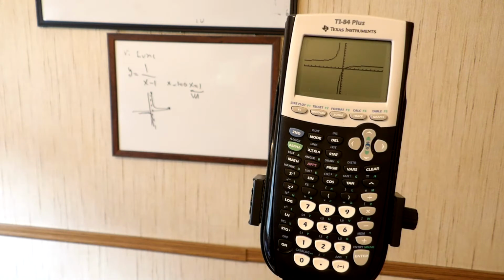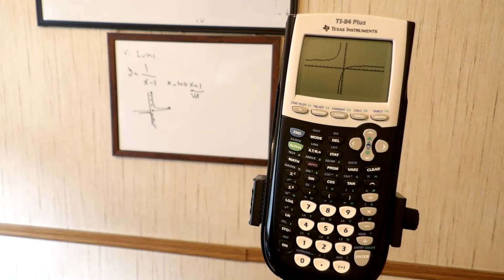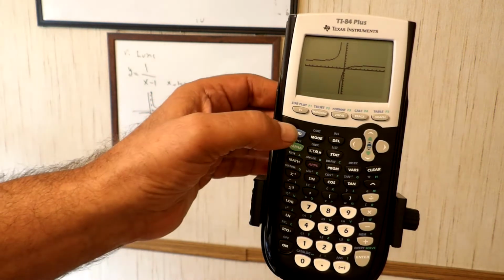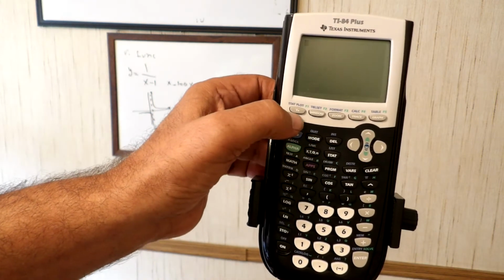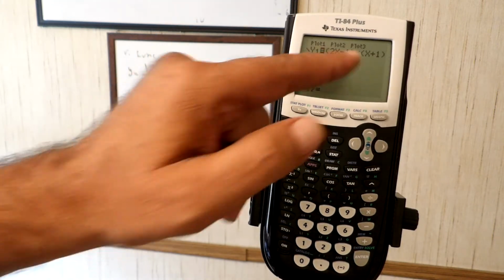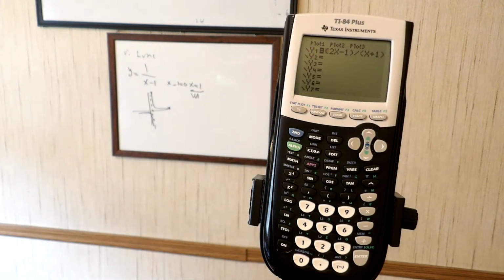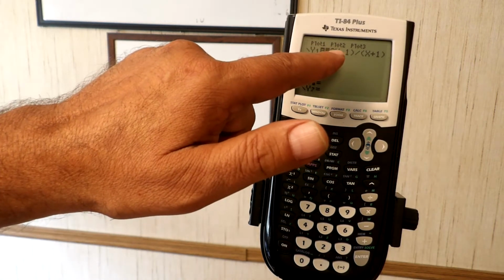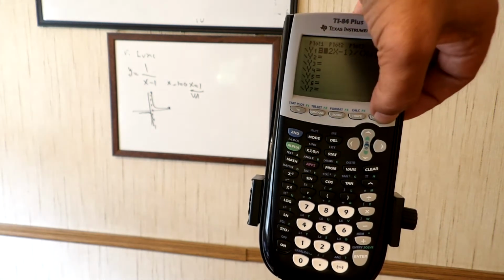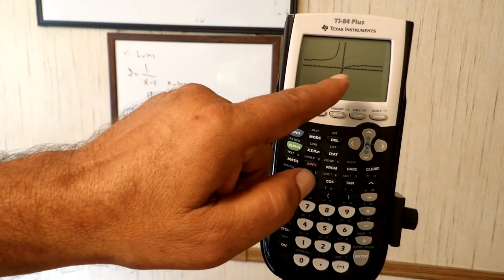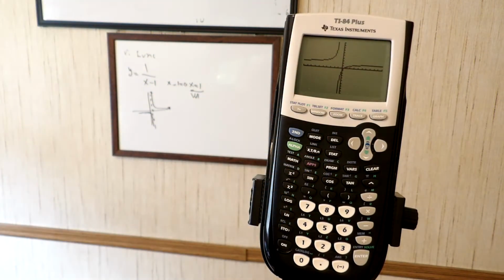You see the graph here, 2x minus 1. We will talk about it in detail maybe later, because this is where it intercepts the x-axis.